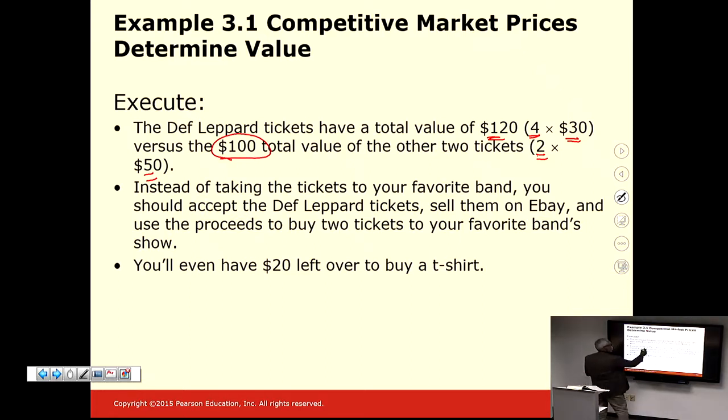So instead of taking the 2 tickets of your favorite band, you should accept the Def Leppard tickets from the radio show, then sell them on eBay at $120, and then use the proceeds to buy the tickets for your favorite band at $100. You would have $20 left over. You would see your favorite band and have $20 left over to buy some t-shirts or concessions.